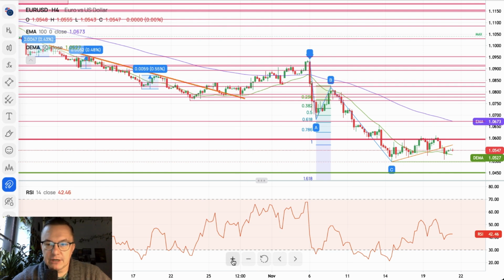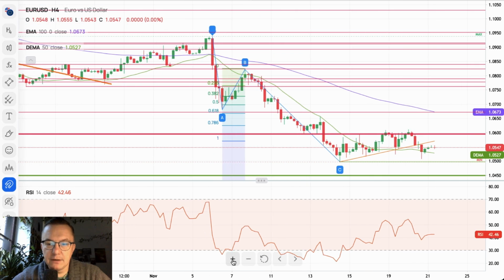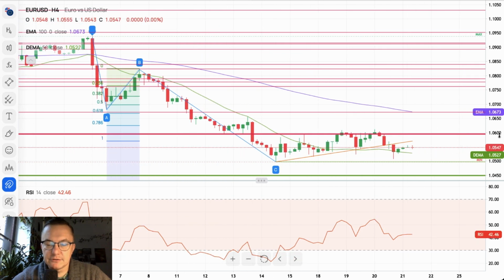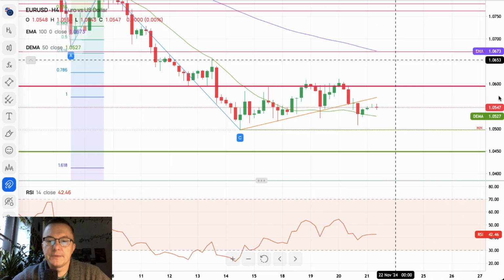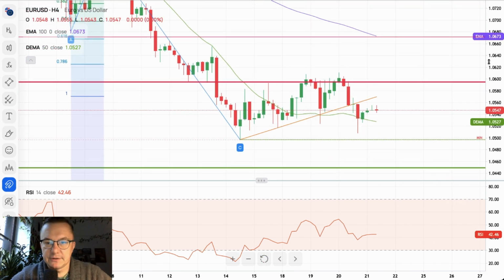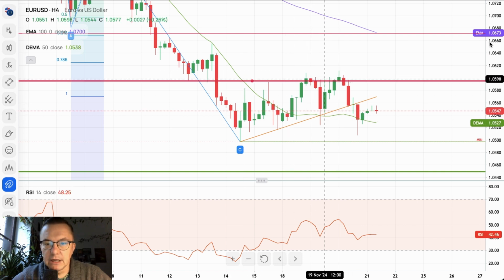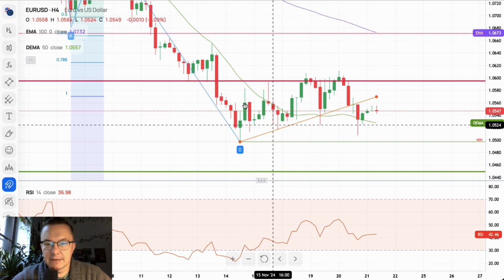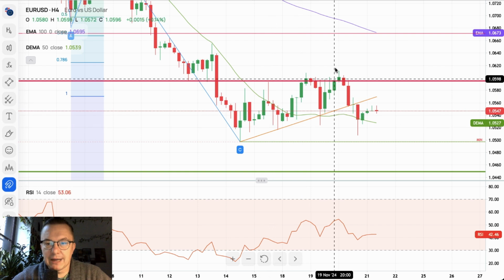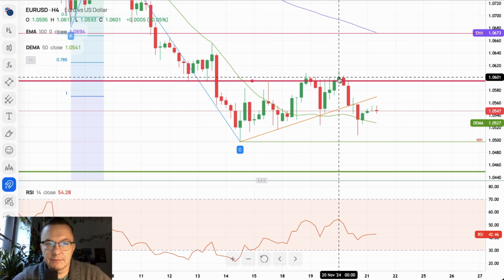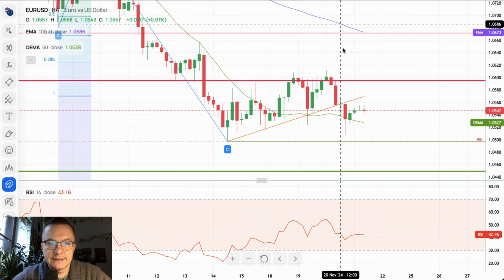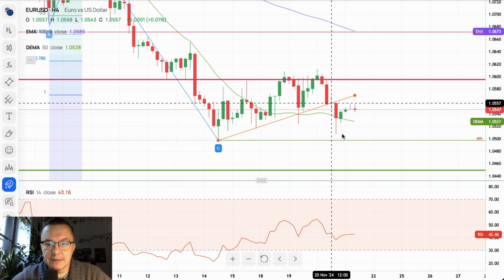Euro dollar 4-hour chart is below the local trend line that gave the bulls some support. It looks like the internal wave that might be labeled as wave 4 had been completed, roughly around the level of 1.0611, and then we got the breakout to the downside.